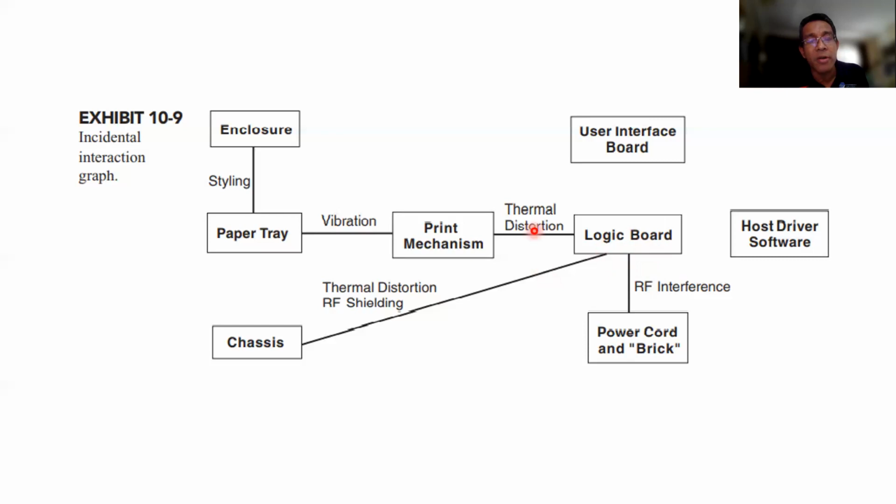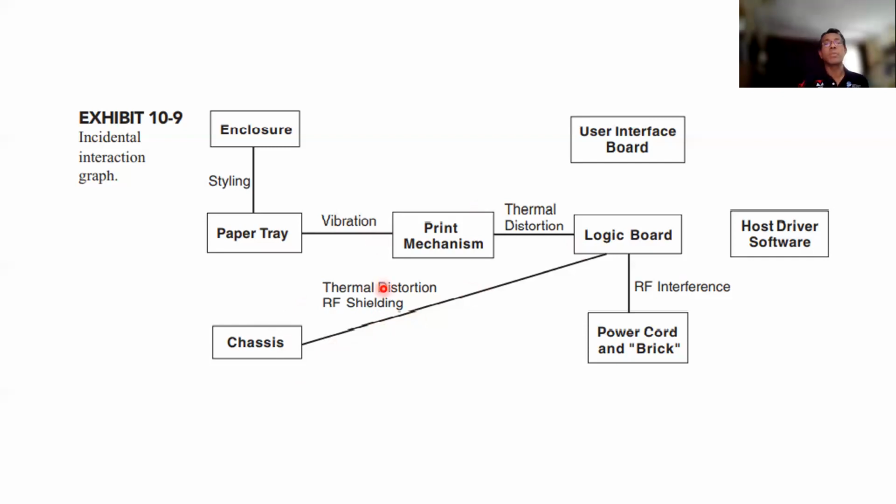But for this explanation, they have an incidental interaction graph. You can see it in the books as well. So the chassis as well has thermal dissipation, and then it sends to the logic board as well.